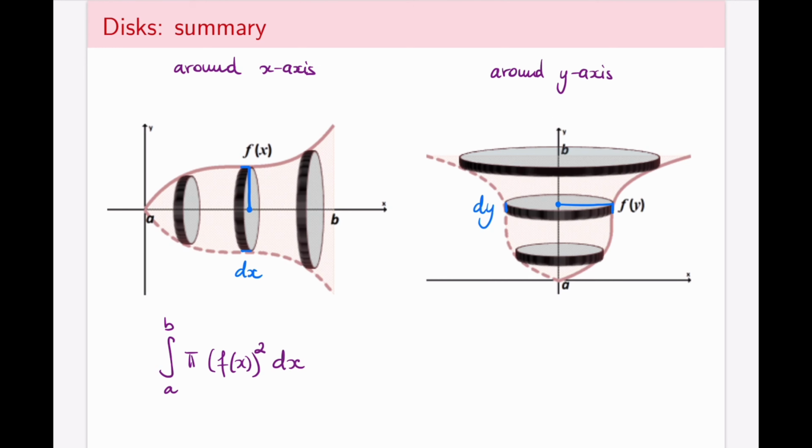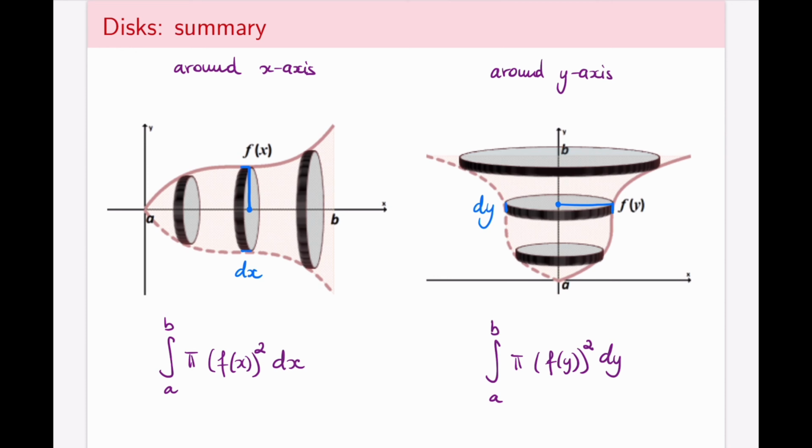So when rotating around the y-axis with disks, the integral is going to be in terms of y. This is a nice shortcut to remember. So here I'm going to have pi f of y squared dy. And again, think of what the smallest and the largest y value are going to be, whatever they happen to be in the problem. Here we're calling them a and b.